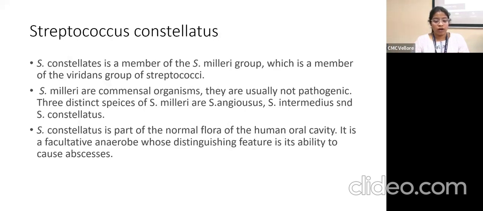The other species in this group is constellatus, which is also a part of the normal flora of the human oral cavity. It is a facultative anaerobe, and the distinguishing feature is the ability to cause abscesses. Usually they are non-pathogenic, but people who are immunocompromised can present with abscesses.